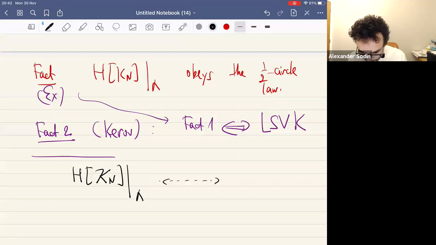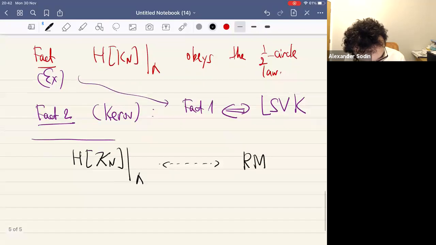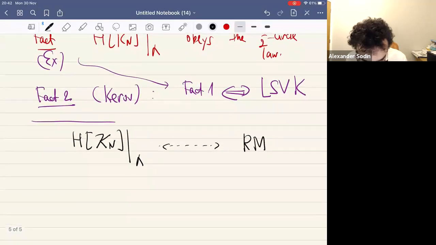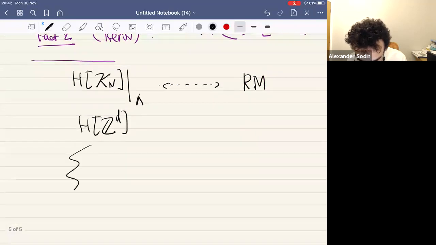This is somehow an analog of a random matrix. Now in the same way, we can look at the operator h of Zd, which is defined in exactly the same way.